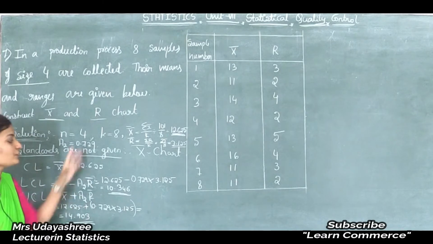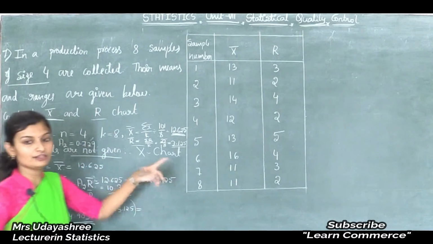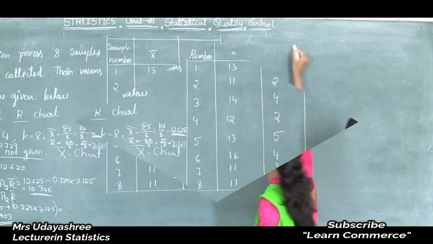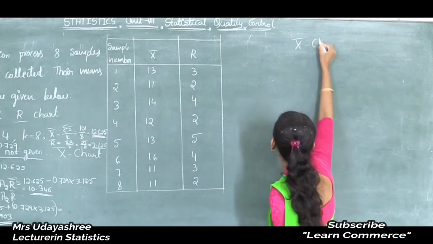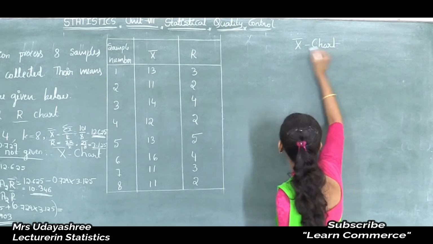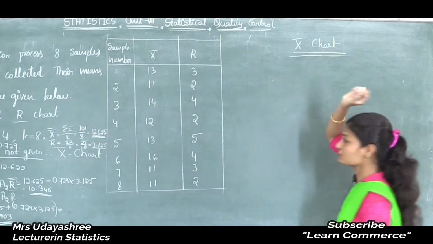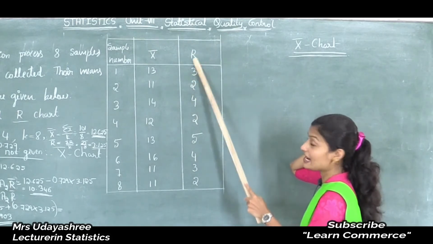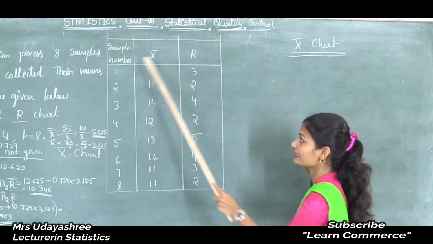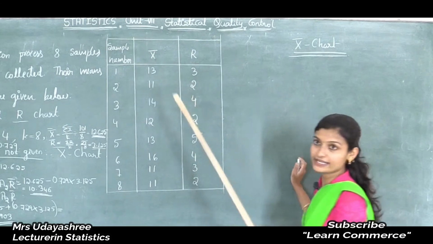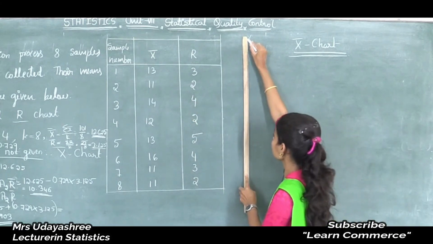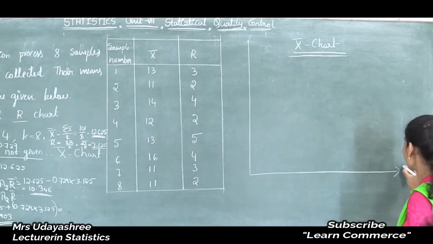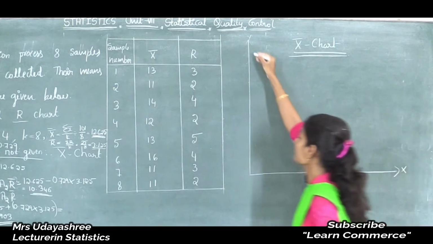Now, using these control limits I will draw the X bar chart first. To draw the X bar chart, in this given observation I will neglect the R observations and I will consider the sample number and X bar observations. Here the graph is like this. This is the x axis and this is the y axis.